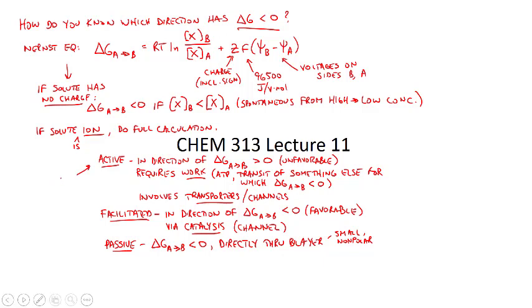But the value of delta G doesn't have anything to do with whether you need catalysis to cross the membrane. So even if delta G is negative, if you have an ion, you need a catalyst, you need a channel to cross the lipid bilayer, because ions simply will not cross a lipid bilayer. So active and facilitative transport, regardless of delta G, both of these involve channels or transporters.